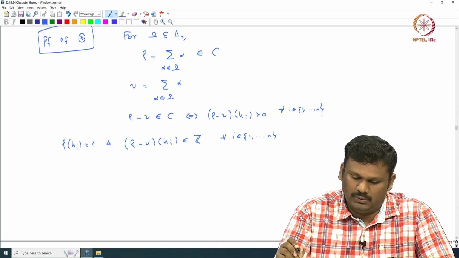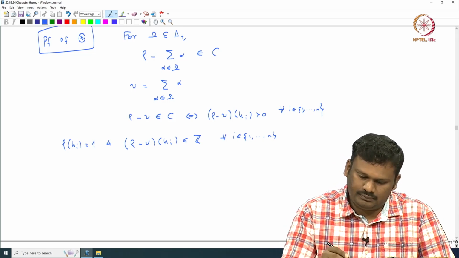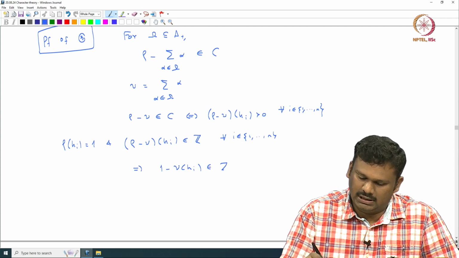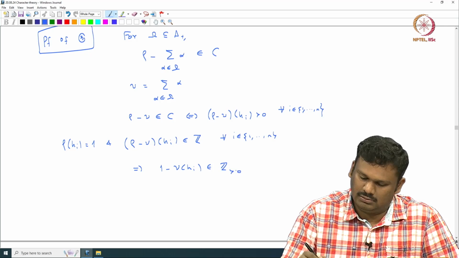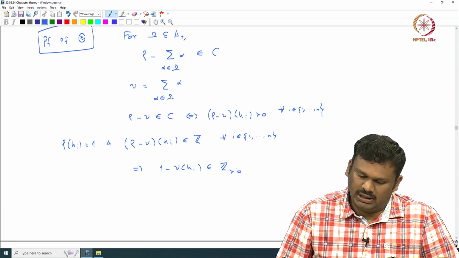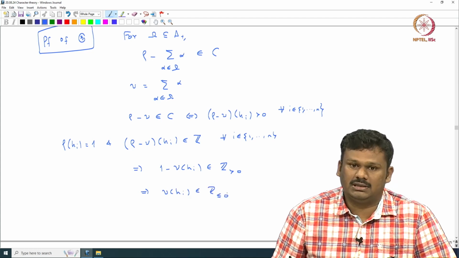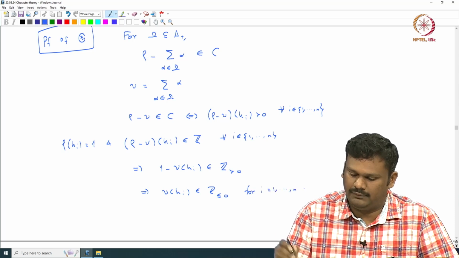So these two things are already in our hand. Now put them together: this implies 1 minus V of Hi is an integer, and this is actually a positive integer. So that will force V of Hi to be a non-positive integer, and this is true for all i ranging from 1 to n.